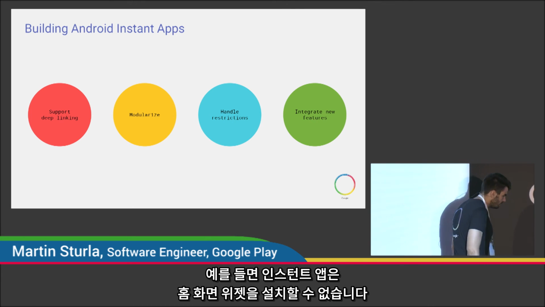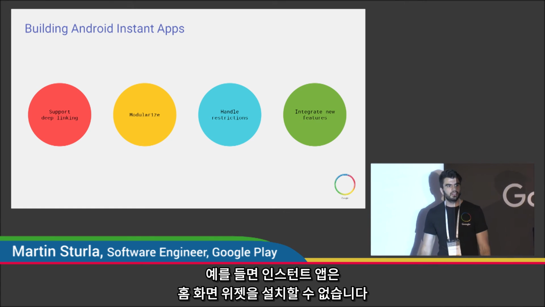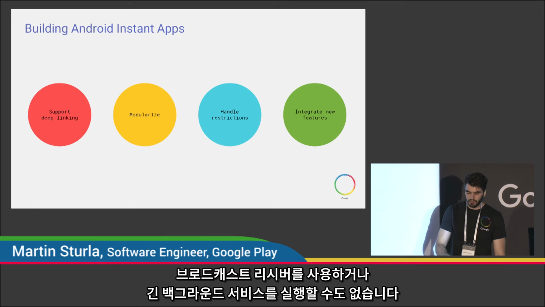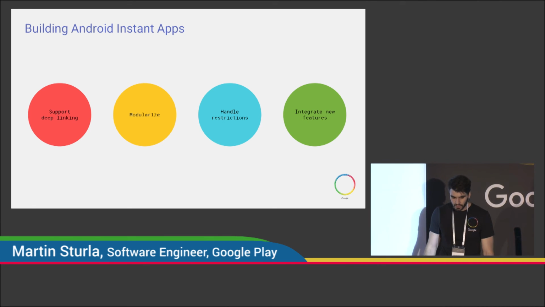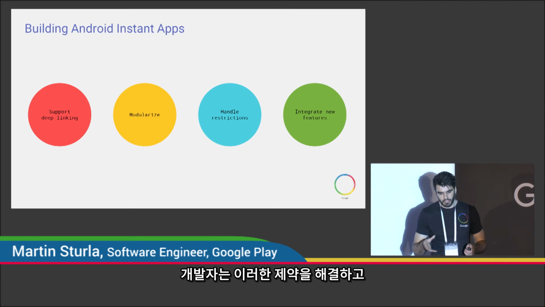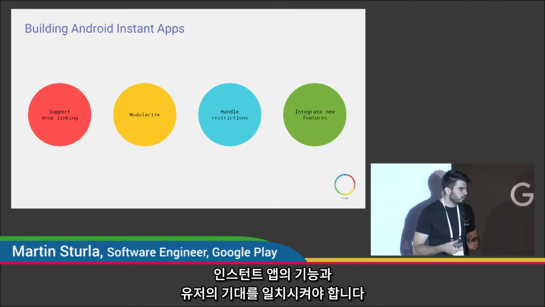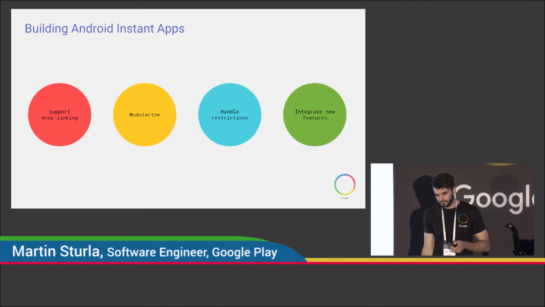For example, instant apps will not be able to install home screen widgets, use broadcast receivers, or run long background services. So as a developer, you will have to handle these restrictions to conform to the user's expectations of what an instant app can do.